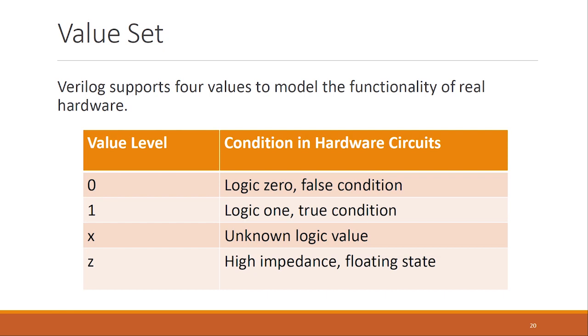In addition to 0 and 1, you need these other two values as well, X and Z, which we have looked into earlier. X represents unknown logic values and Z represents high impedance or floating state values. So that's the value set available in Verilog.